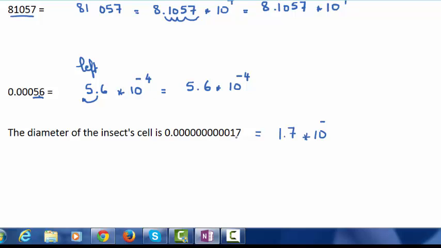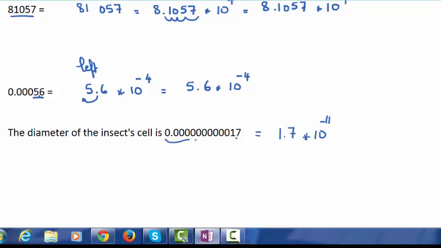I need to move the point from here to here, so I can count 1, 2, 3, 4, 5, 6, 7, 8, 9, 10, 11. Done. So I can say it's 1.7 times 10 exponent negative 11. This is the diameter of the insect cell.